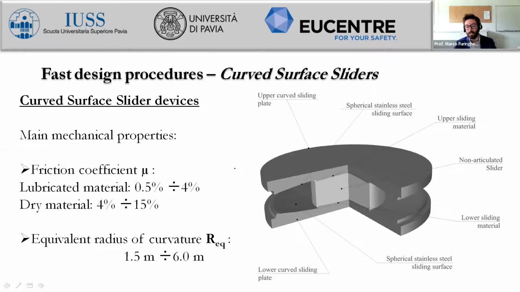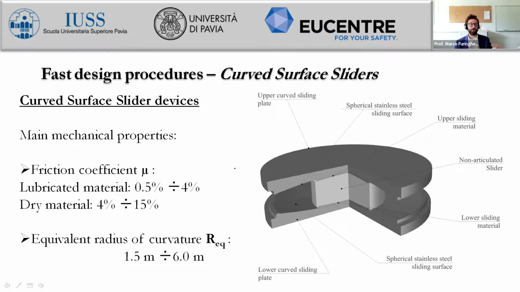The lower the equivalent radius, the higher the restoring stiffness. With 1.5, you can imagine that the overall behavior of the device will be very comparable to a linear device, because the restoring stiffness is very high. Whereas as you keep increasing the equivalent radius of curvature, the overall device will be more and more similar to a flat slider.